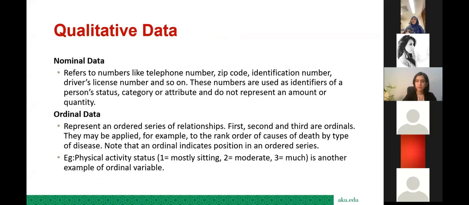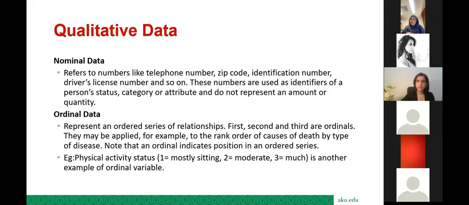When we talk about the qualitative data, as I told you in my previous slide, it can be either nominal or ordinal. If you look at the name ordinal, it basically has an order, right? For example, socioeconomic status: there's an order of low, middle, and high.